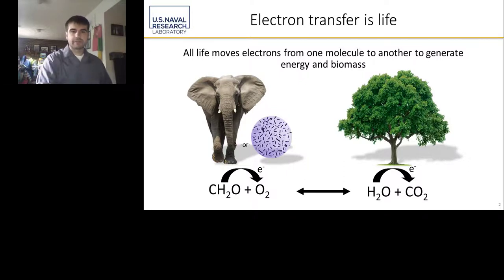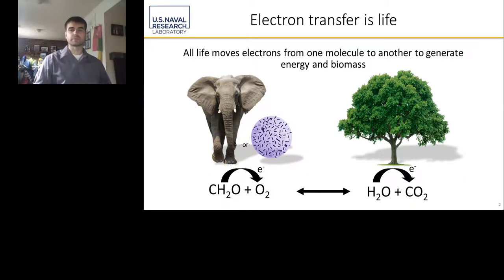Everything that we're familiar with, like elephants and butyric acid bacteria, use reduced electron donors like carbohydrates to provide electrons, which they then transfer to an electron acceptor. In this diagram here, oxygen.